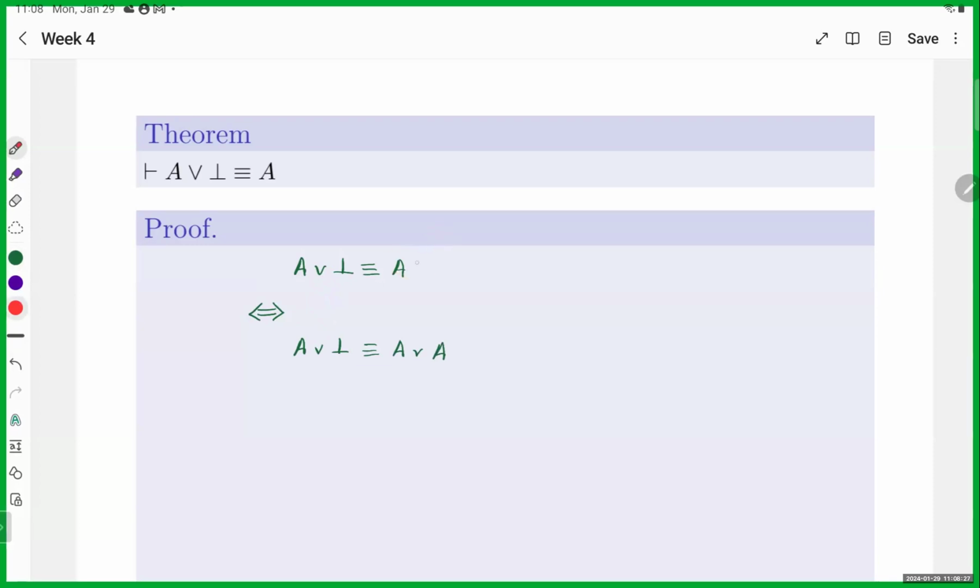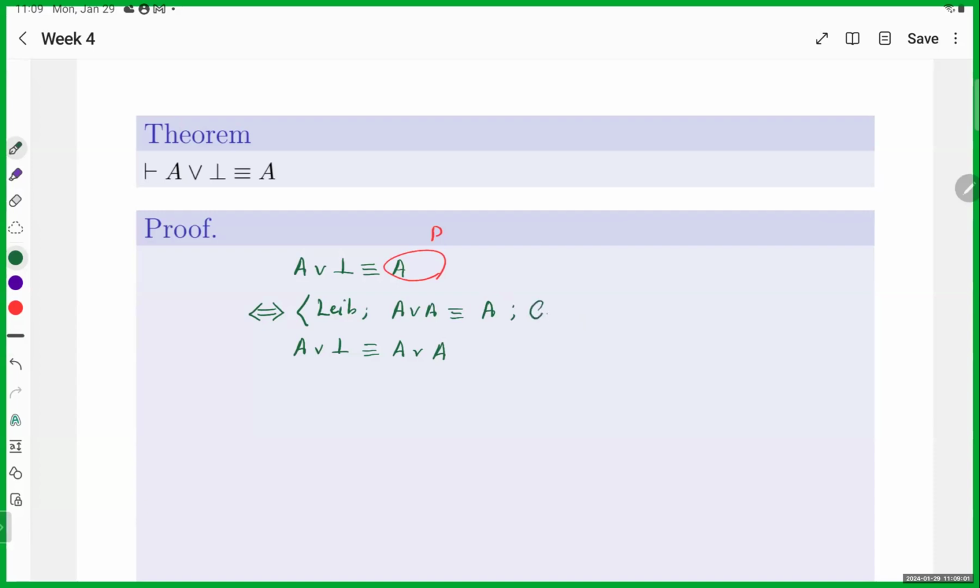I replaced this A with a formula that is equivalent to it. I know A is equivalent to A or A, but since it's just a part of the formula, there's this part attached to it, we're going to have to use Leibniz, call this P, right? Leibniz to the axiom A or A is equivalent to A. It's an axiom. You don't have to write every time it's an axiom, just write it down.